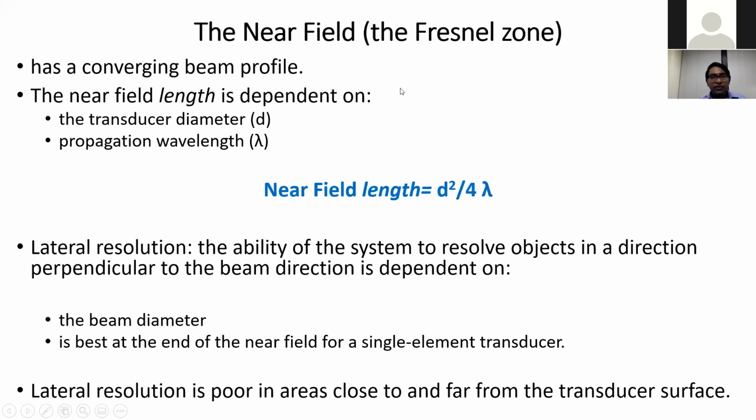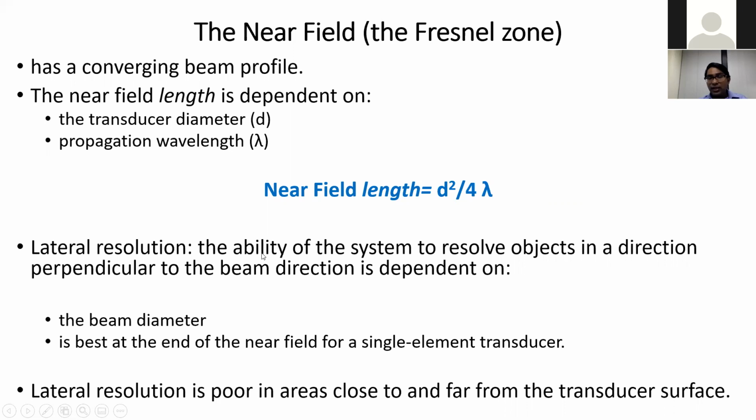So the near field, which is also called the Fresnel zone, has a converging beam profile, and the near field is dependent on the transducer diameter d and the propagational wavelength lambda by this formula: d squared divided by 4 lambda. The near field also determines the lateral resolution.